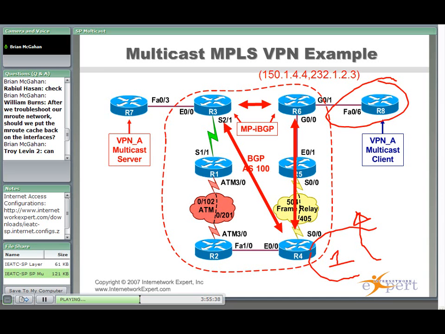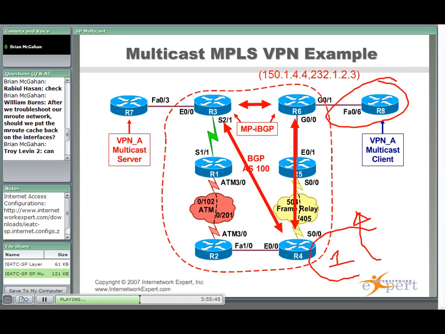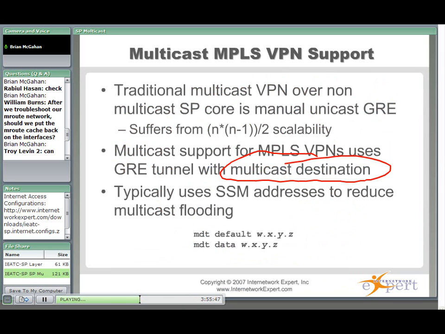The configuration is very straightforward. It's only going to be one command under the VRF. We use the MDT default command. That is going to define our source-specific group. There's also another option. We can say MDT data, and it's going to give us a range of addresses.